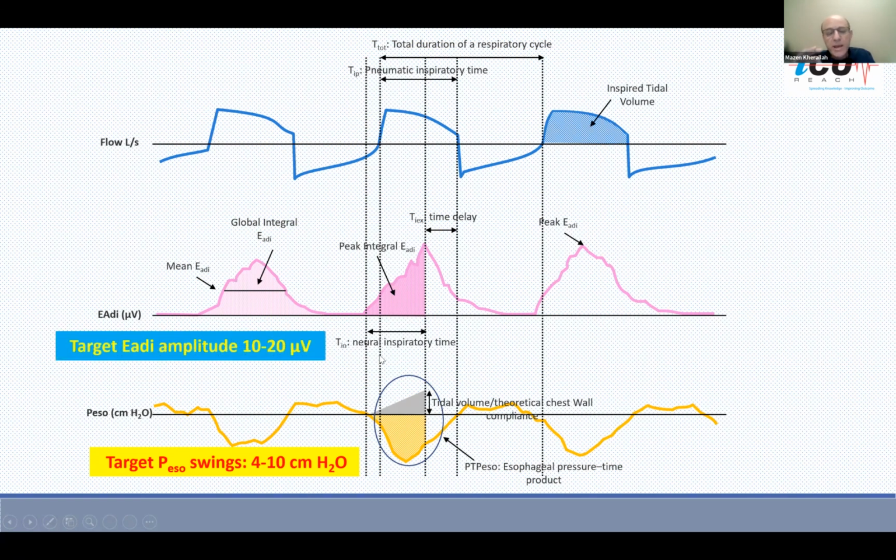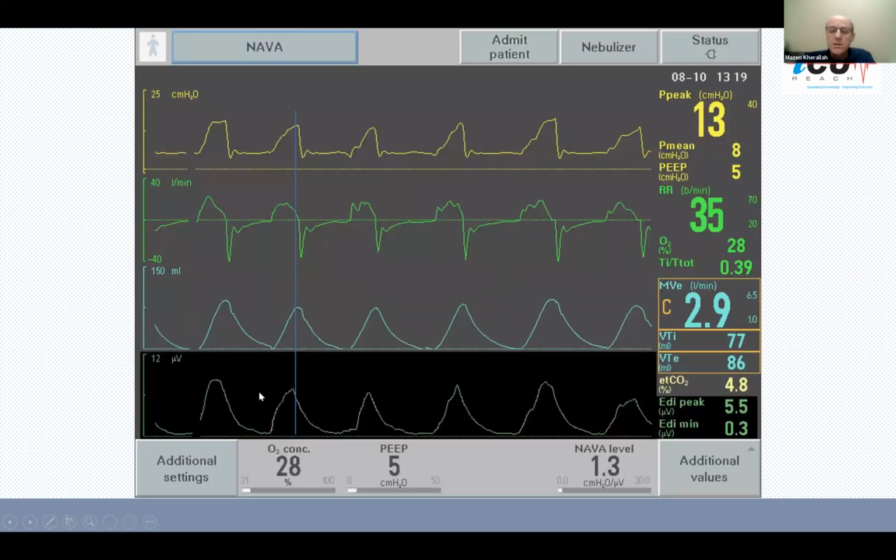The target that we aim for is 10 to 20 microvolts. Okay, some references will go up to 22. It's not actually well studied, but I'm going to give you targets anyway. So the target is 10 to 20 microvolts. And you can see in this patient here, this is the electrical activity of the diaphragm.